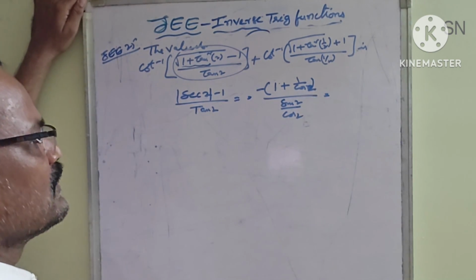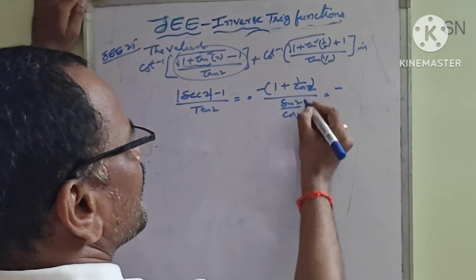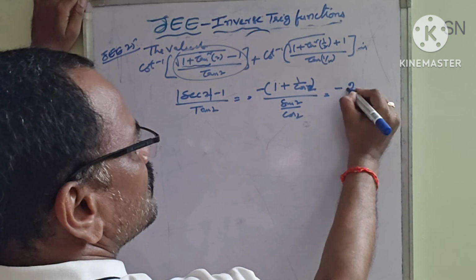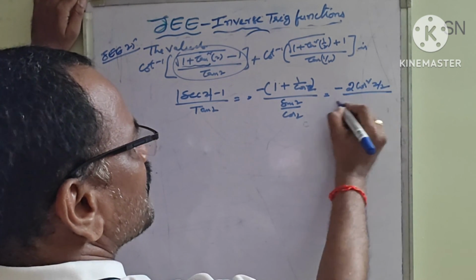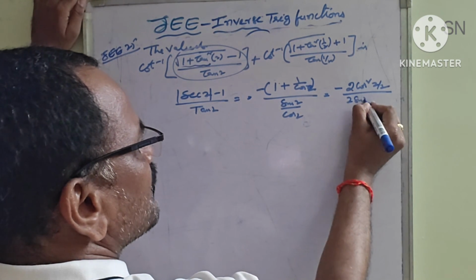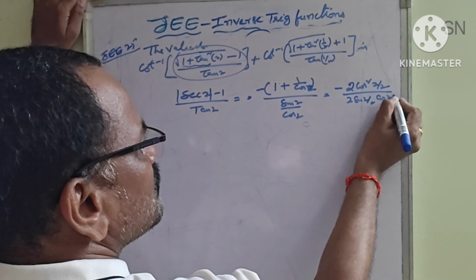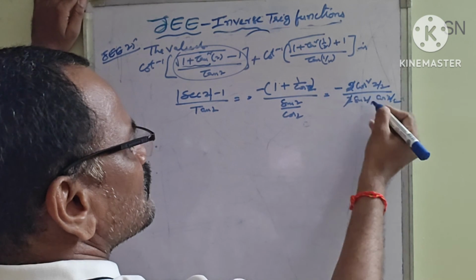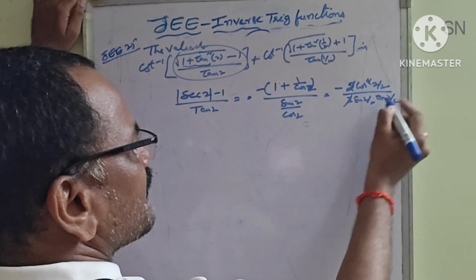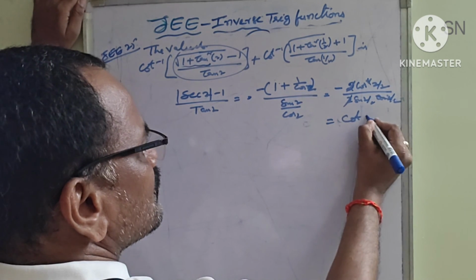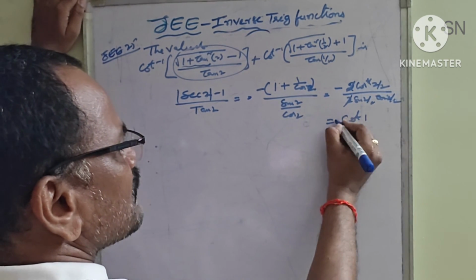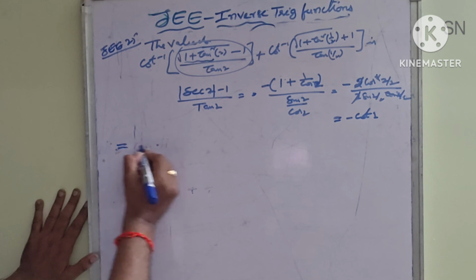So both the cos gets cancelled, minus 1 plus cos x means 2 cos square x by 2 by sin x, sin 2 by 2 cos 2 by 2. Both 2 get cancelled, square gets cancelled, minus here cot 1. So here minus cot, substitute this one.